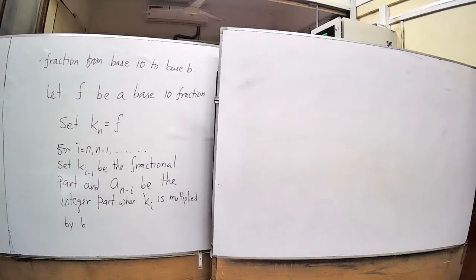So you separate them and rename them. The fractional part you name k_{i-1}, and the integer part you name a_{-i}.